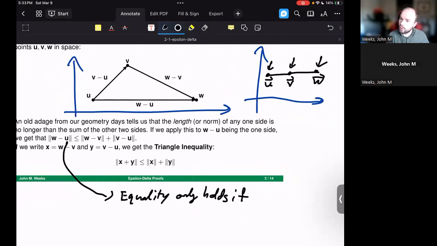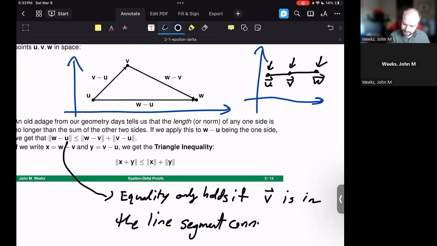The equality only holds in this inequality if the vector v that's given here is in the line segment connecting vectors u and w. Otherwise, you get a strict inequality. So that's the kind of place where you have equality, is when it's inside of that line segment. Of course, it could be equal to u, equal to w as well, and that would work just as well.